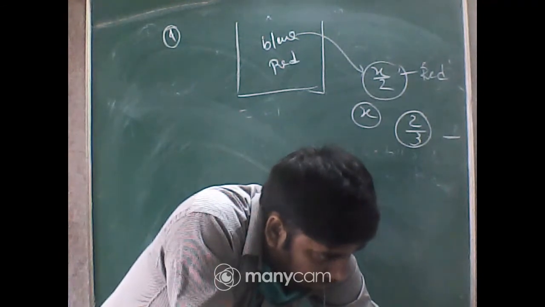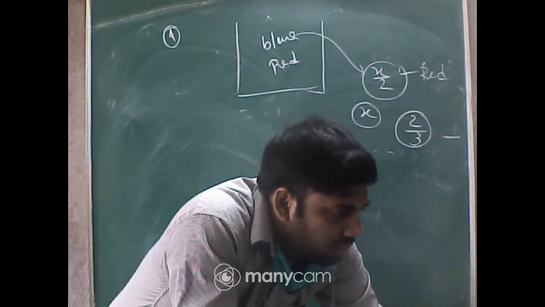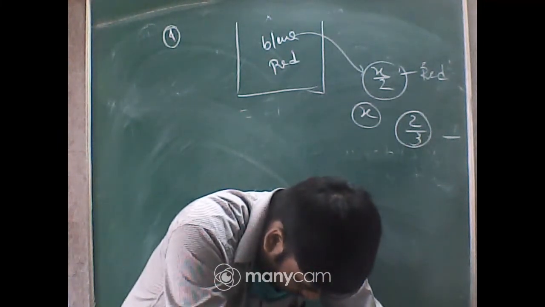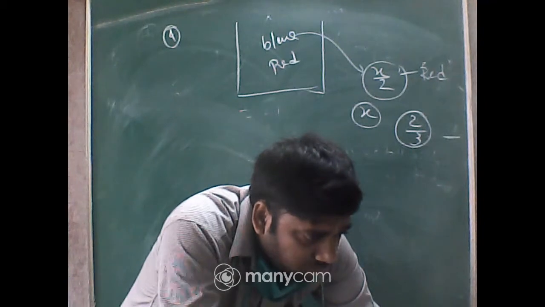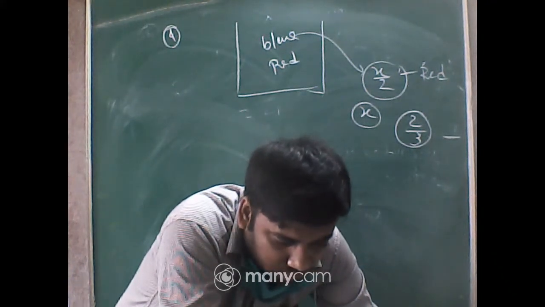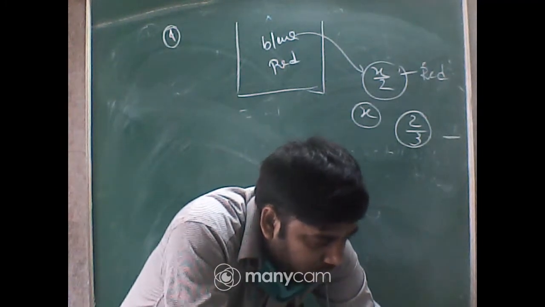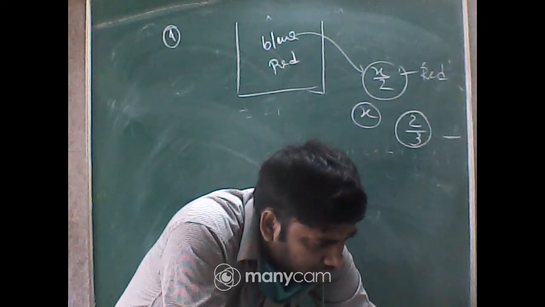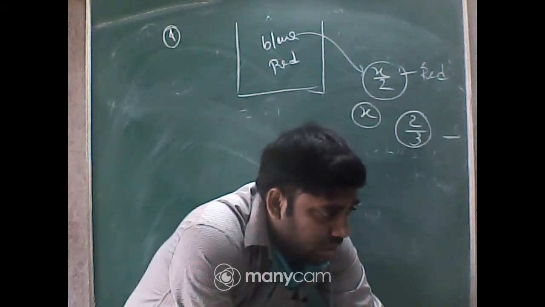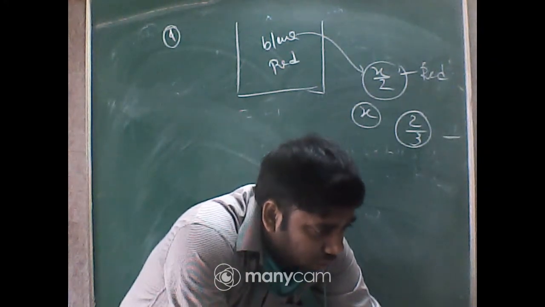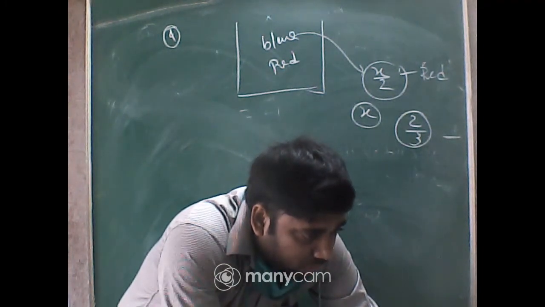Rajanna says 2 by 3. Okay. Suhana, 2 by 3. Arpit, 2 by 3. Three students have already answered. You have taken 50 seconds for that answer.